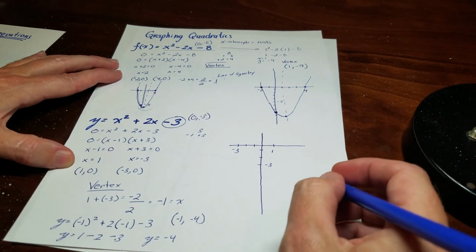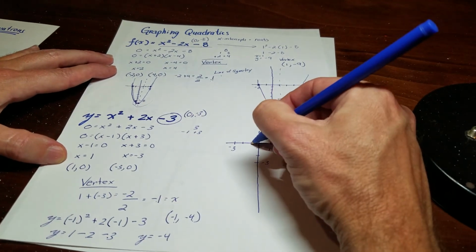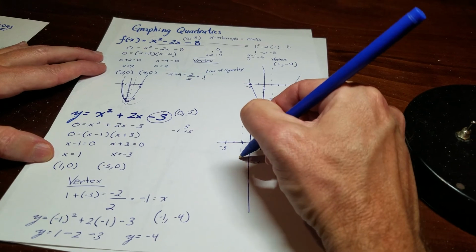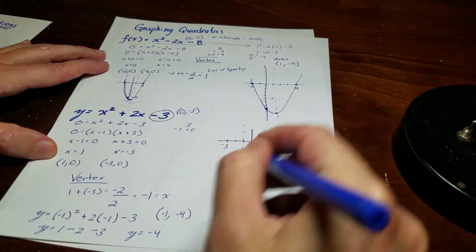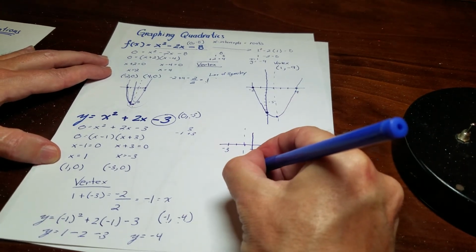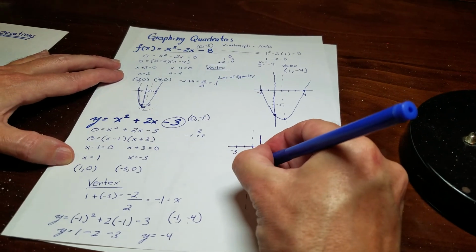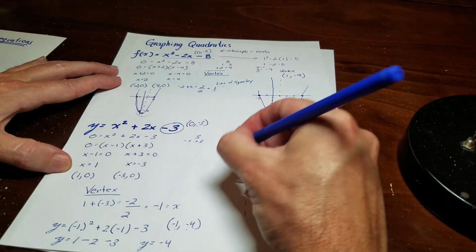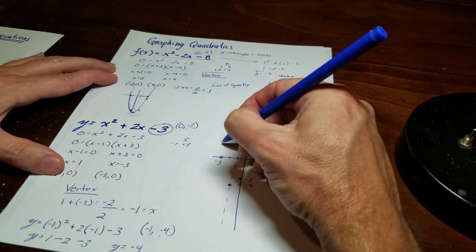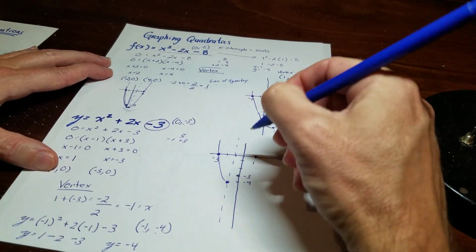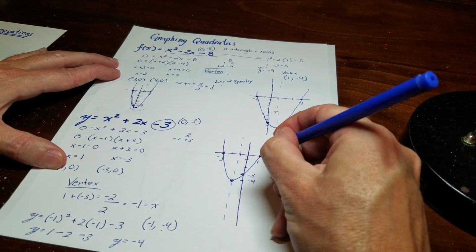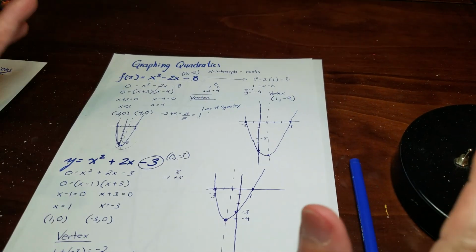And my line of symmetry was at negative 1, which is here. And I know it's at negative 1, negative 4. There it is. So these are my dots, my points. And there you go. Just connect them all like this and go up like that. And that's how you graph quadratics.